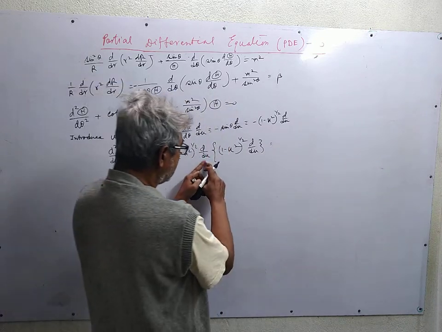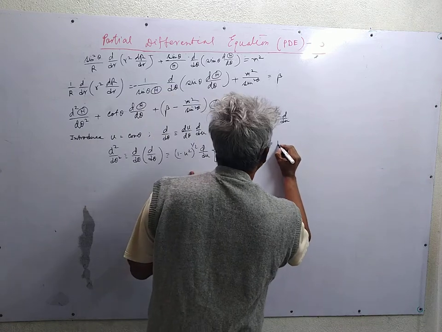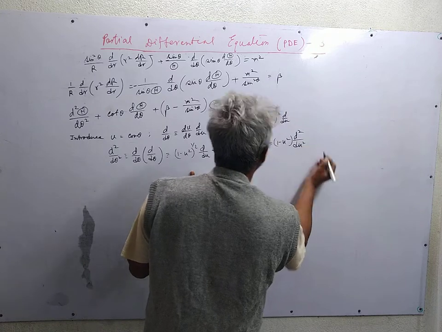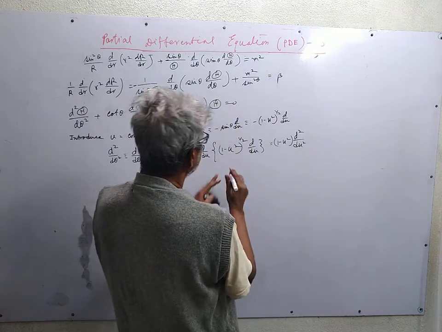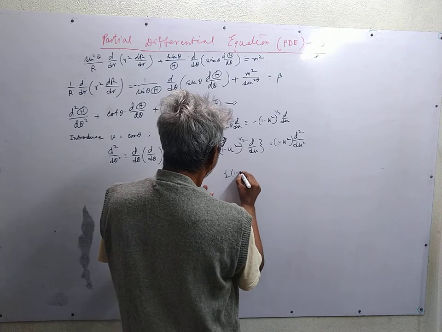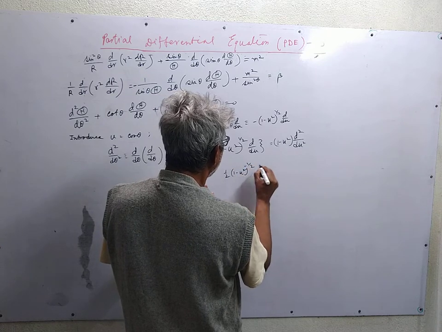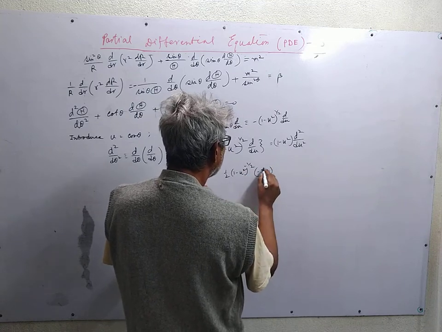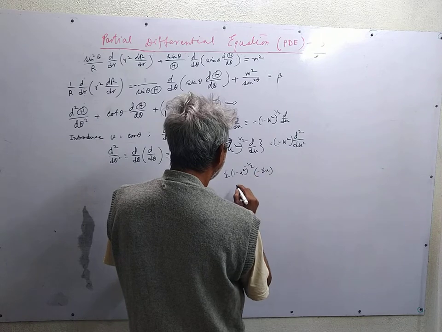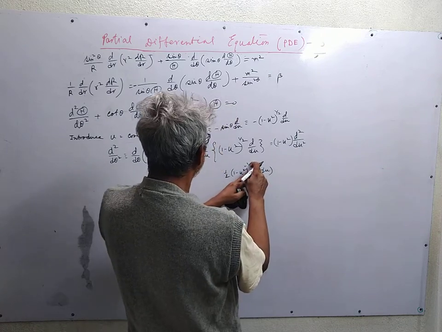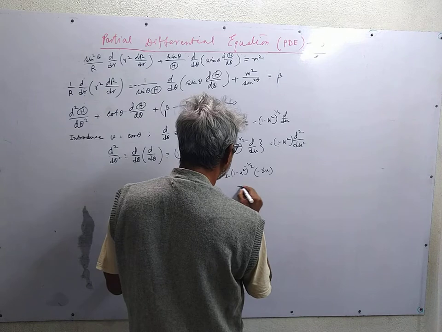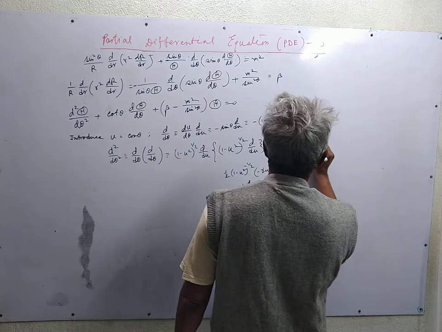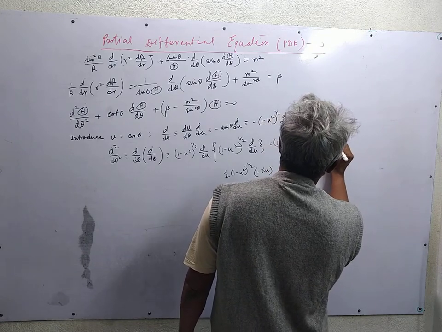When this operates on this, we have 1 minus u square d2 du2, and when this operates on this, it is half 1 minus u square to the power minus half and minus 2u. So the 2 cancels out, and this minus half and this plus half cancel out, and this is minus u d du. So this is minus u d du.